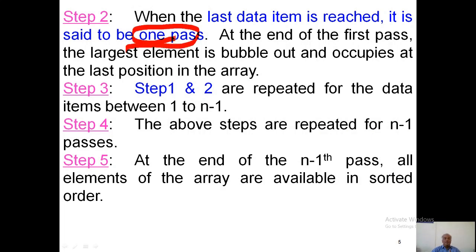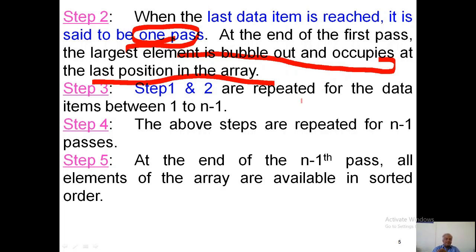When the first pass completes, the largest element bubbles up and occupies the last position. While exchanging, comparing the first element to the second, third, fourth, up to n minus 1 and n, the largest element moves to the last position.